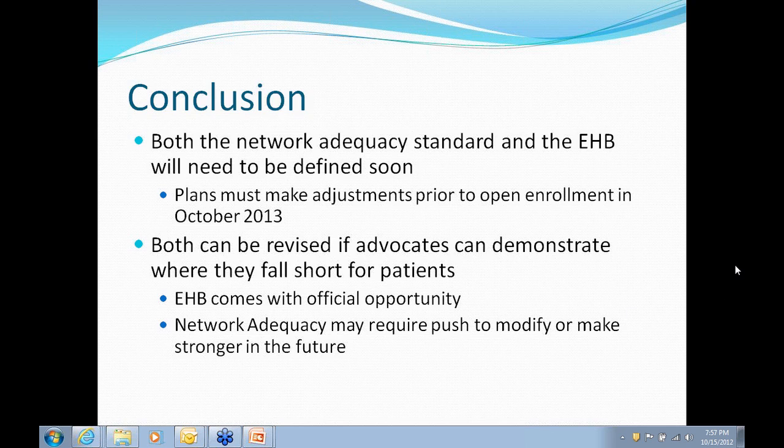So in this example, if the networks outside the exchange are really tight networks that are very limited with access to specialists or HTCs or whatever it might be, and the only place you can really go if you're a person with hemophilia or with cancer, stage 4, some complex condition that you have a specific hospital or provider that you need to get to, if only those providers are available in the exchange, that's where the sick and costly patients are going to go.